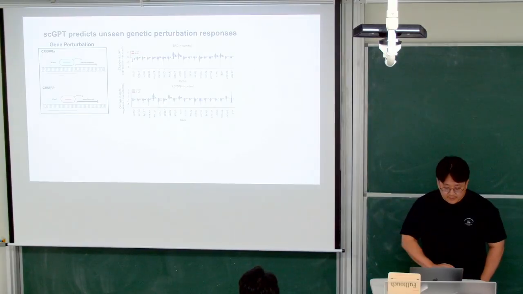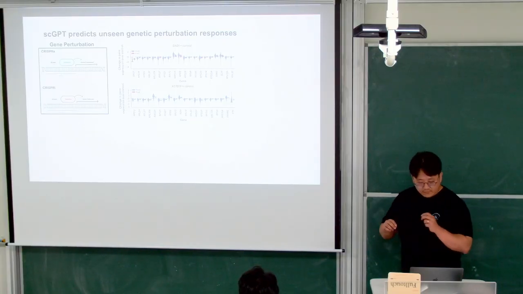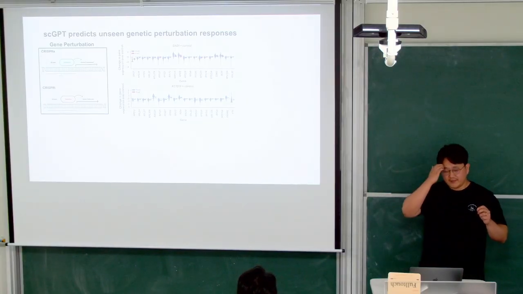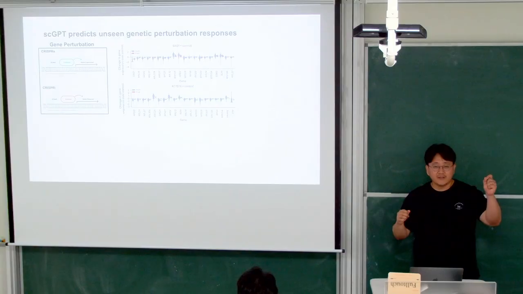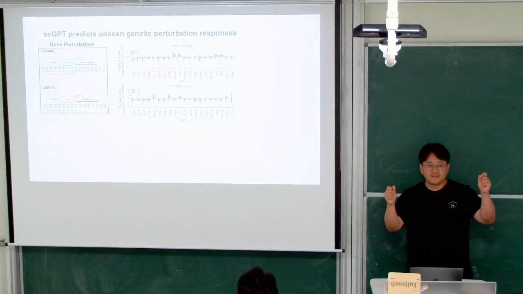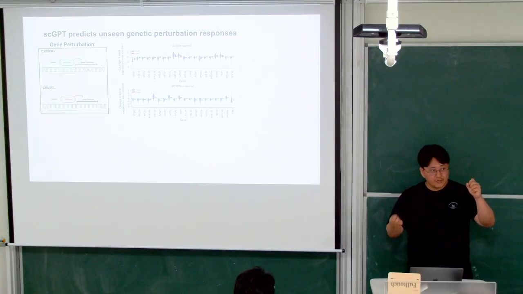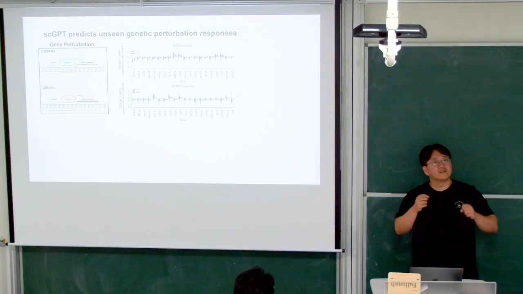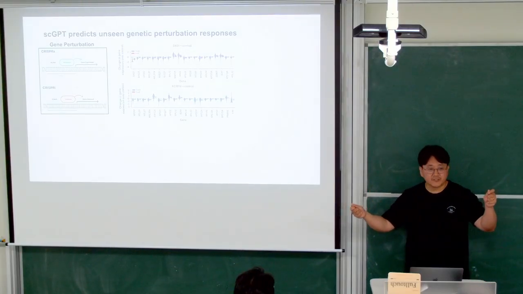And then after applying it, they train the model by pairing the normal cell and the perturbed cell. And then they train the model to infer the perturbed cell gene expression from the normal cell gene expression.